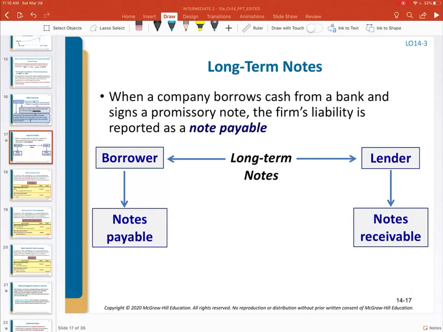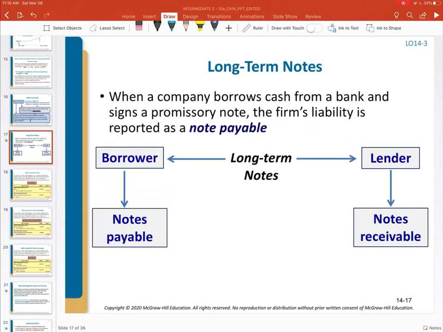They could issue bonds, and bonds are essentially a bunch of long-term notes that are broken up into $1,000 increments. So you have a bunch of bond holders, a bunch of investors holding that bond, and initially they've given the company cash, and in exchange the company will pay periodic interest, and then at the maturity period they'll pay off the face amount of the bond.